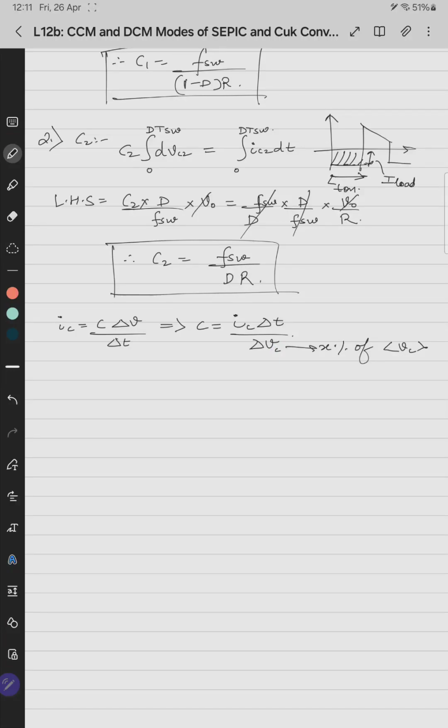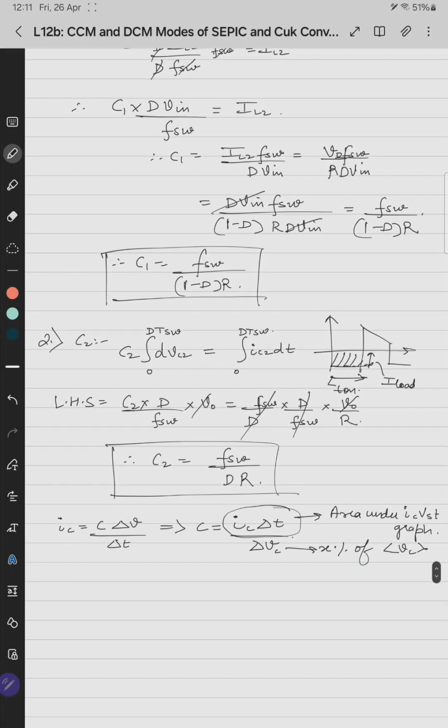Like this we can express it as some percentage. And IC dt is what? It is the area under the IC versus time graph. So using this analysis also you can find the capacitance.